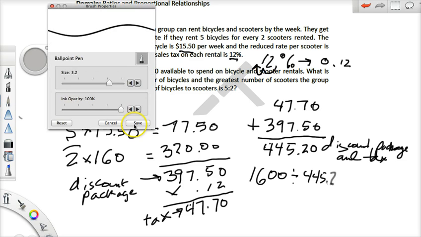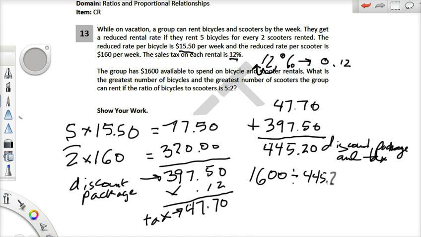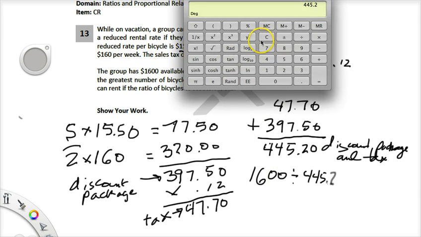Back to the pen. All right, there we go. And let's see what that gives us. So 1,600 divided by 445.2 gives us 3.59.